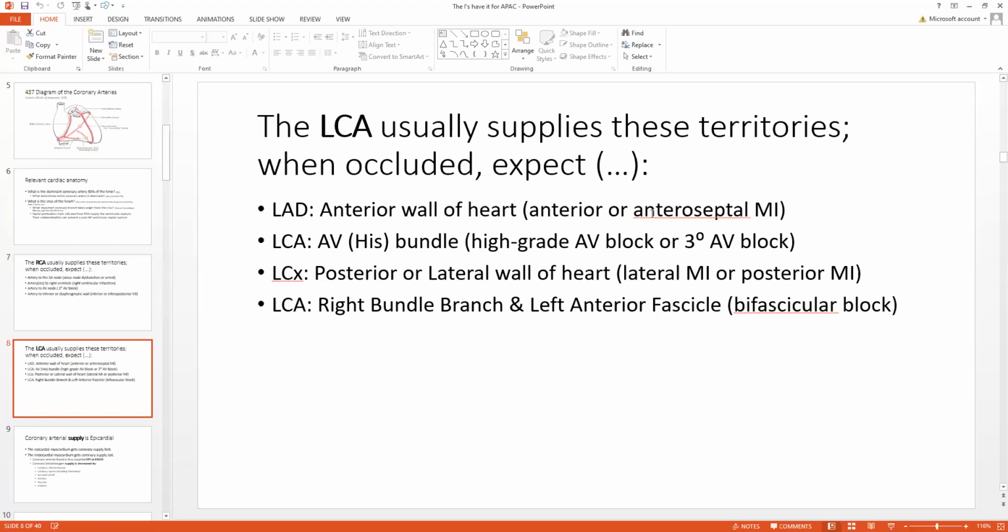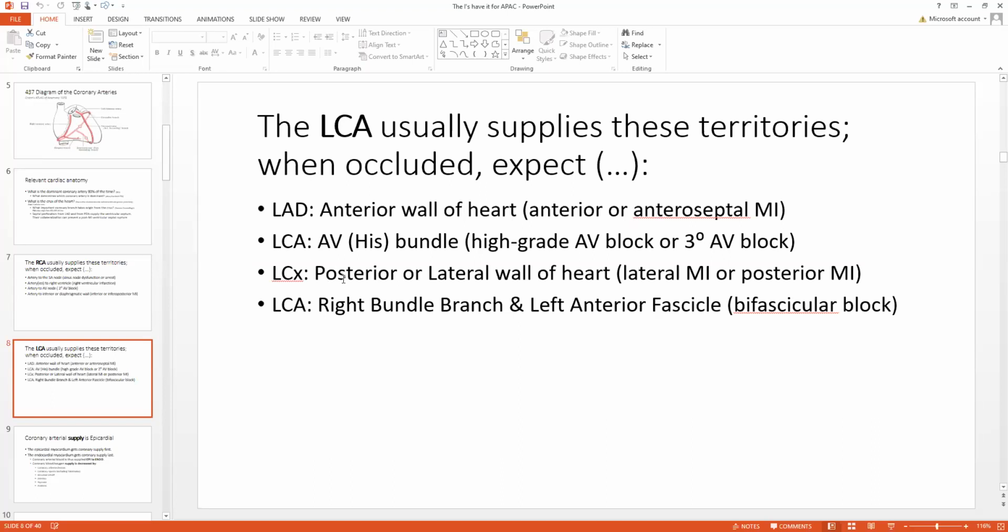The anteroseptal infarction is when the occlusion in the LAD is proximal to the first septal perforator. And on the EKG, you'll get a Q wave starting in V1. However, if the occlusion occurs after the first septal perforator, then it will be an anterior infarction, and the first Q wave will not be in V1, that will preserve its R wave, but the first Q will be in V2 or beyond.